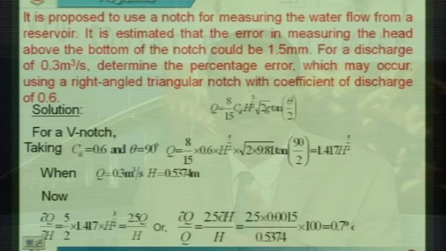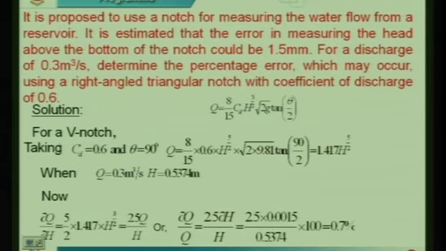What is the second equation? dQ by Q is equal to 2.5 times dh by h. Again I repeat, if I make 1% error in measuring the head over a triangular notch, there will be an error of 2.5%. That is what we derived. Now, with these two equations, let us see how to solve this problem.